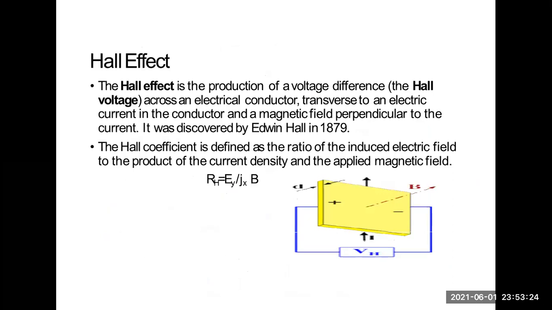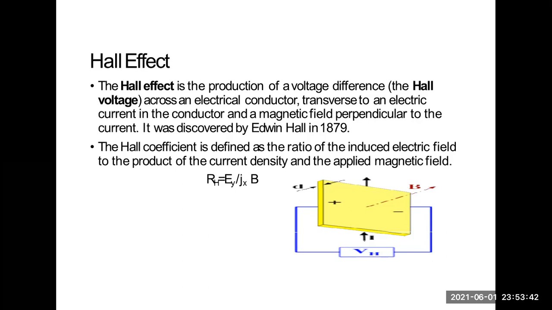Now we need to understand the meaning of the Hall effect in today's class. It is a very important phenomenon, and nowadays we also use different applications of the Hall effect.